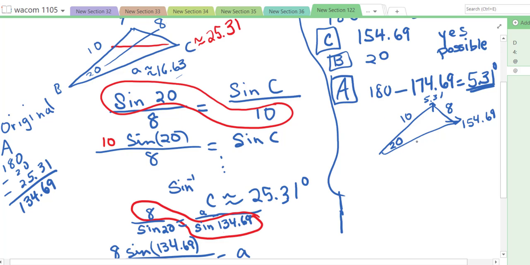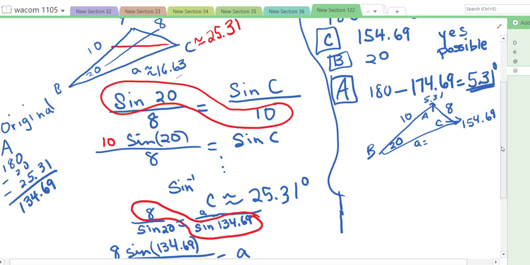And this one, so we'll have to find it. I need to label a little bit here. This is B, angle B. This is angle C alternate. These get a little crazy. All right, so this is A alternate.